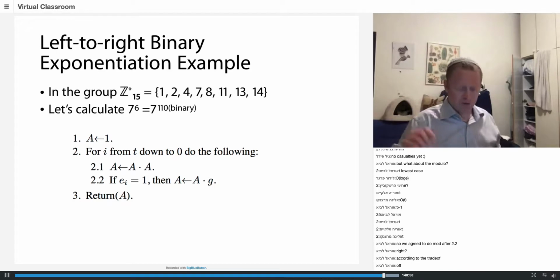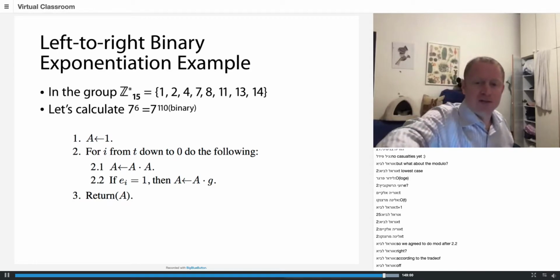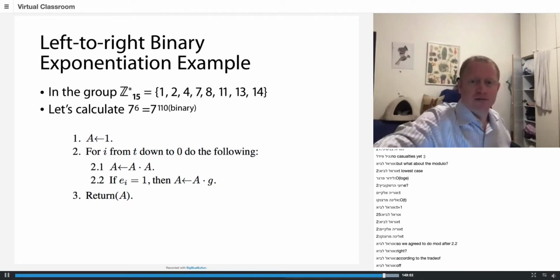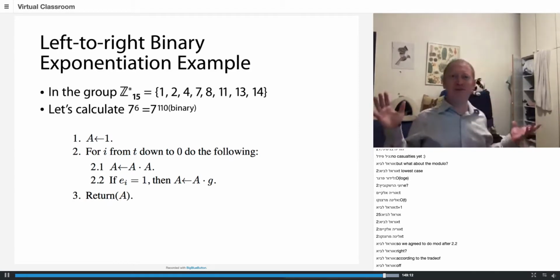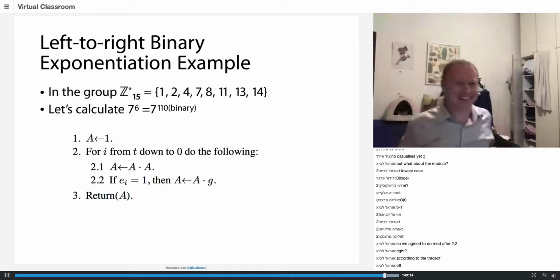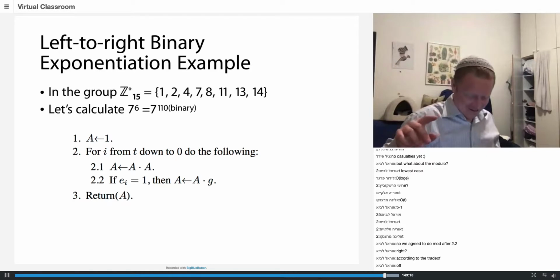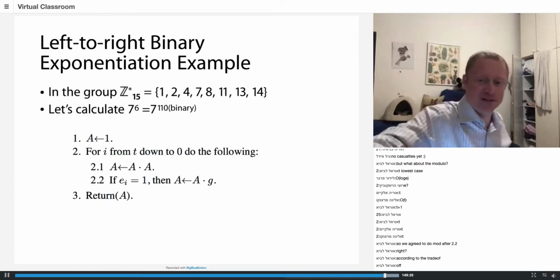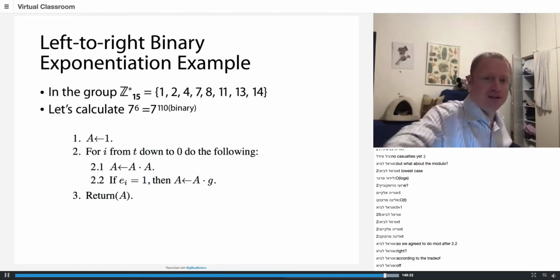And then I do 4 times 7, because there's a 1 there. And this is equal to, believe me, 13. Oh, autocomplete. Wow. Let's try this one again. And so now I have to square this. I do 13 times 13.